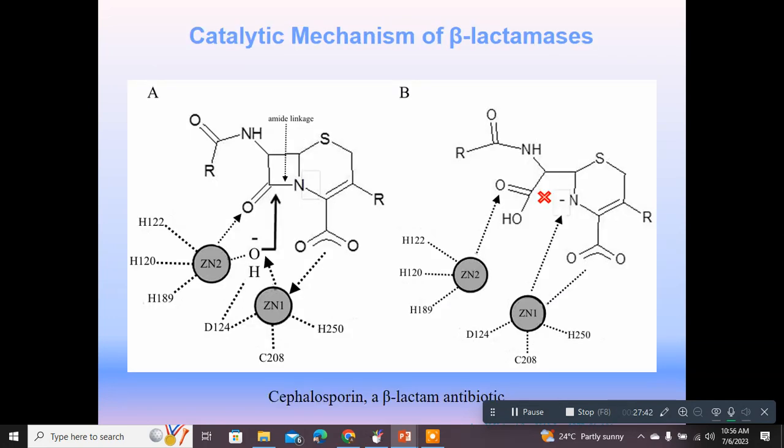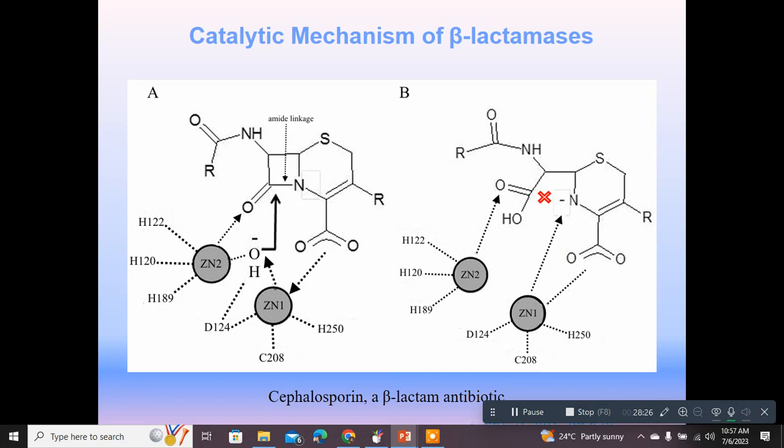If you see these two zinc ions, they attack this beta-lactam ring, at what we call the amide linkage, and eventually they break it. This is actually cephalosporin. Once it is broken down, the antibiotic will not be able to perform normally, or I would say the antibiotic will be hydrolyzed and inactivated.